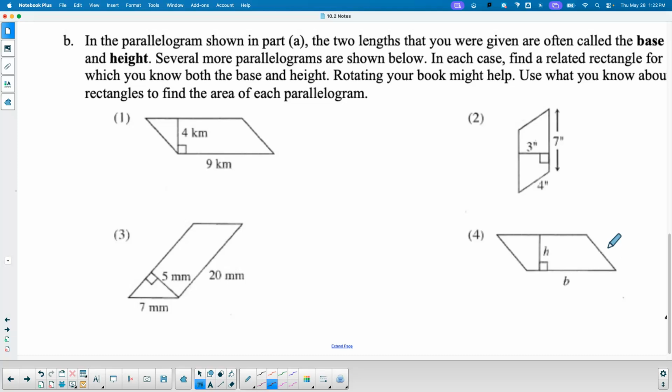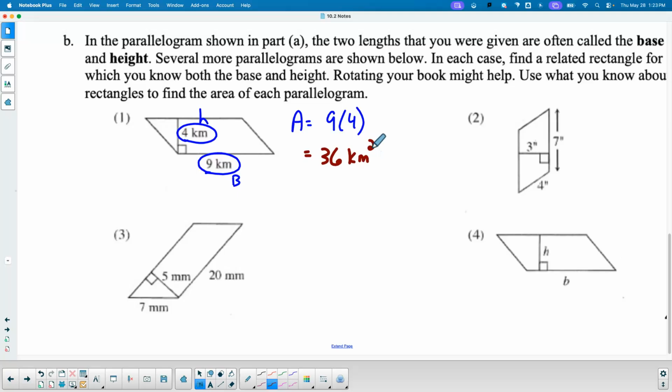Okay? So here in number 1, what would you multiply together? 4 and 9, right? Because the base would be 9, and 4 would be the height, and so then this would be 9 times 4, so this would then be 36 square kilometers. Okay?